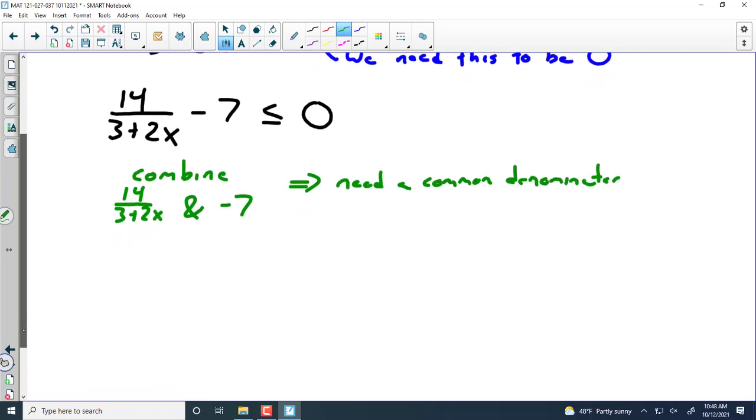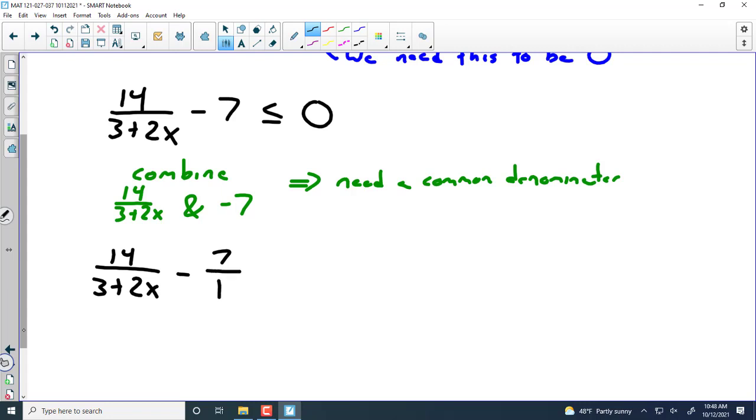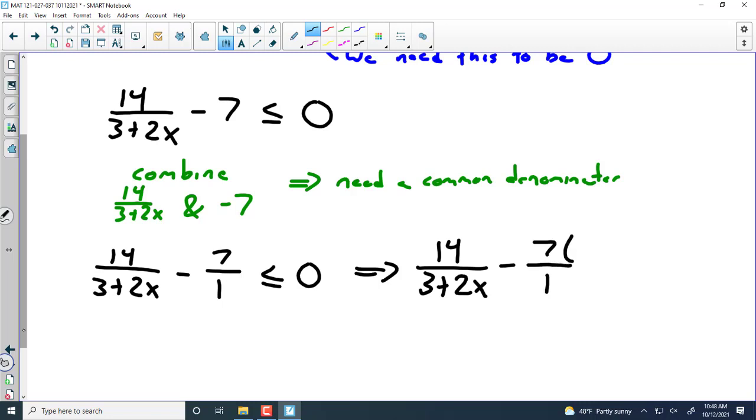So if you think of it like this, everyone, we've got 14 over 3 plus 2x minus 7 over 1. And so I need a denominator of 3 plus 2x on this one also. So here's what I do, everyone. As I said, I'm trying to show you every step on this, even though some of you might not need every step, because I want everyone to get this.